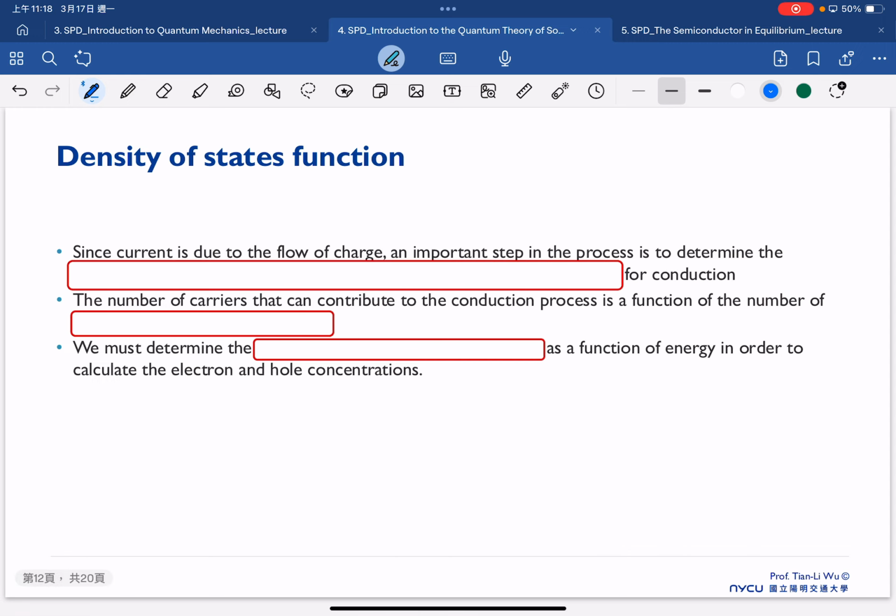But before we talk about the current, we have to consider another pretty important concept that we call the density of states. This density of states, sometimes we just call DOS.